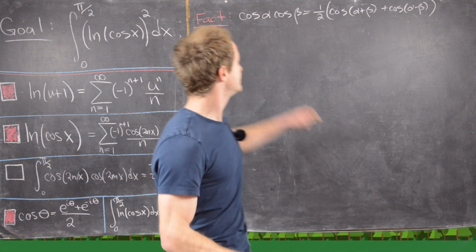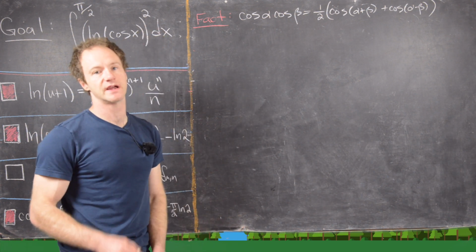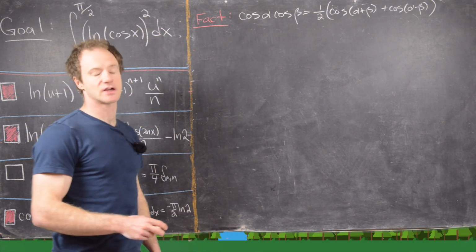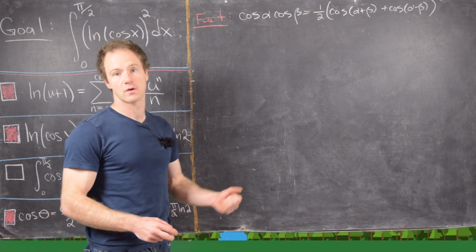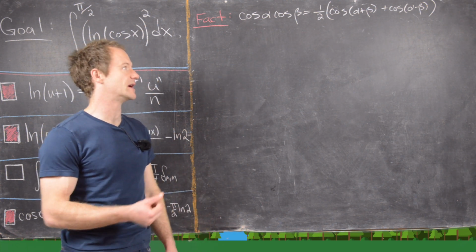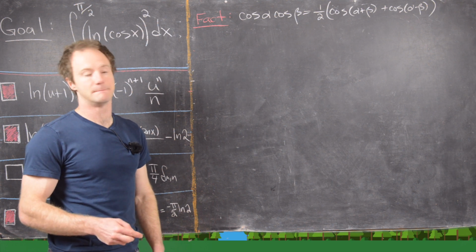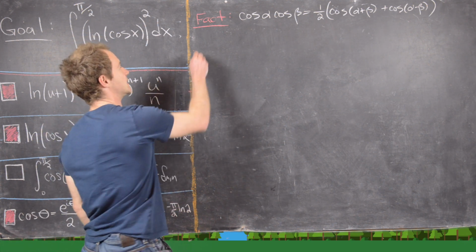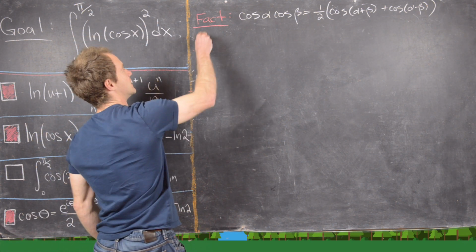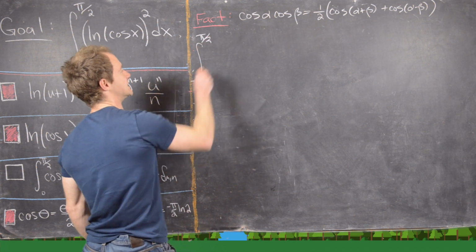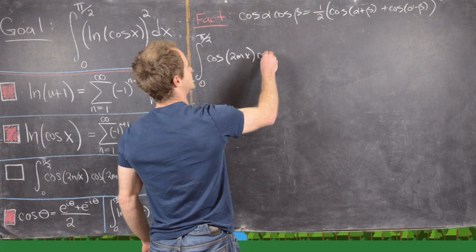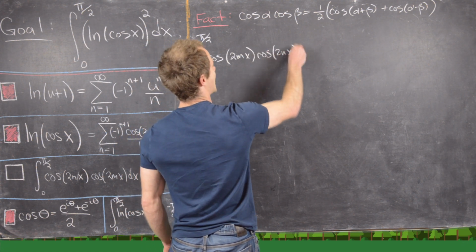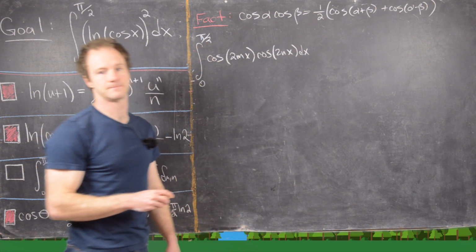Okay, and we'll do that by using the following trigonometric fact, which says that cosine of alpha times cosine of beta is a half times the quantity cosine of alpha plus beta plus cosine of alpha minus beta. So let's see how we can use that. So the integral that we want to investigate is the integral of cosine of 2mx times cosine of 2nx dx.